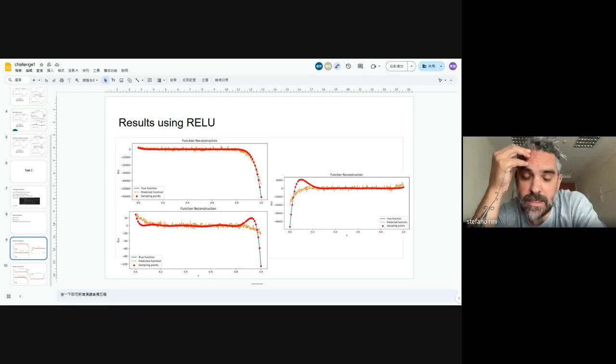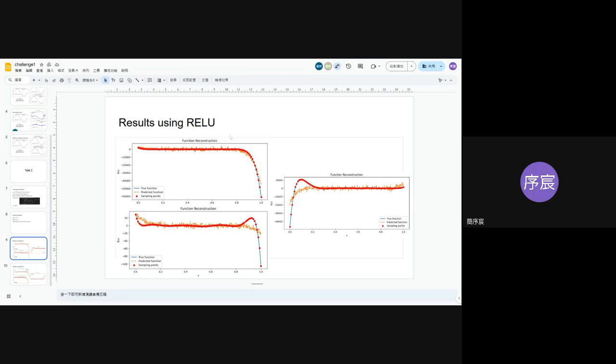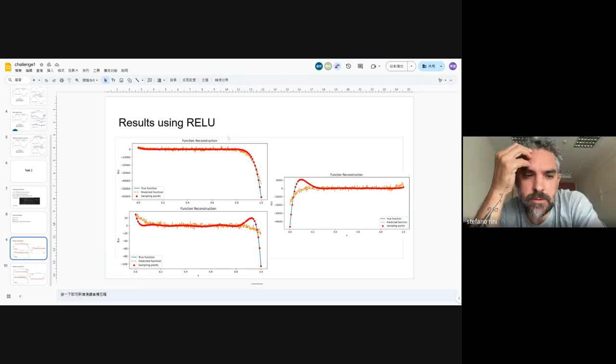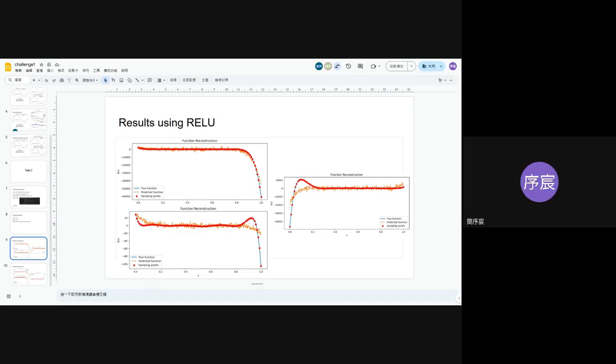So this is your f of x, right? And your f of x goes all the way to minus 60,000, but you sample points only between minus 1 and plus 1 and 0 and 1, right? Right.